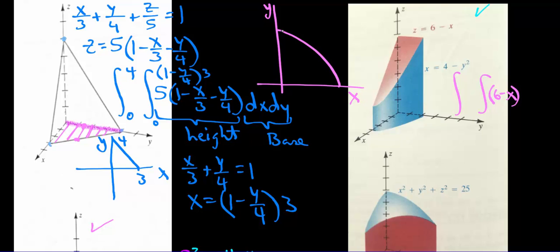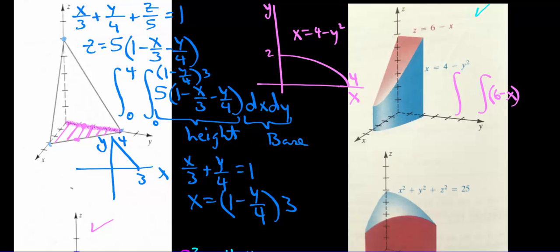And the way I drew it, let me do a better job of drawing that. Okay, so this is 2, and this over here is 4. Okay. And of course, this is x equals 4 minus y squared.